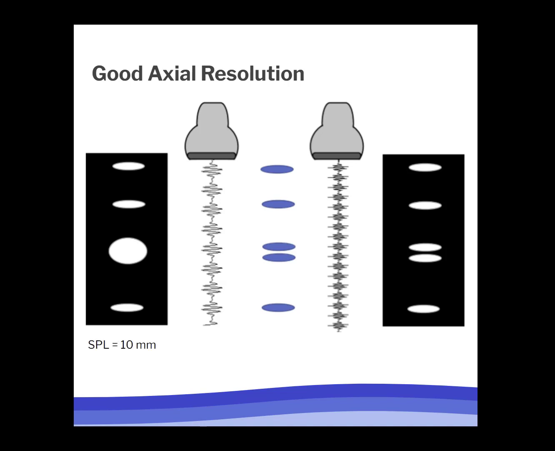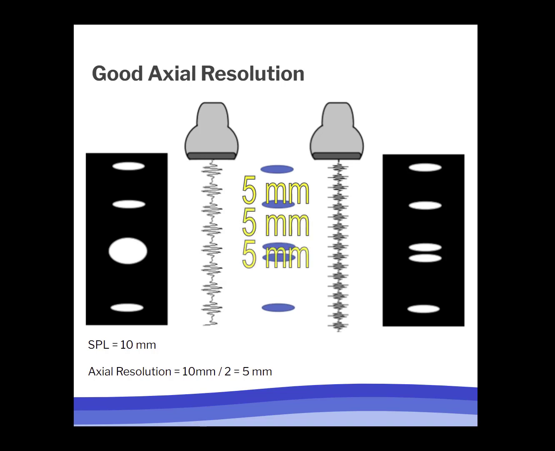The beam on the right is made up of a pulse with an SPL of 10 millimeters. Using our axial resolution formula, SPL divided by 2, we can take 10 divided by 2 and calculate the axial resolution to be 5 millimeters. That means that each of these reflectors must be at least 5 millimeters apart to be displayed accurately.